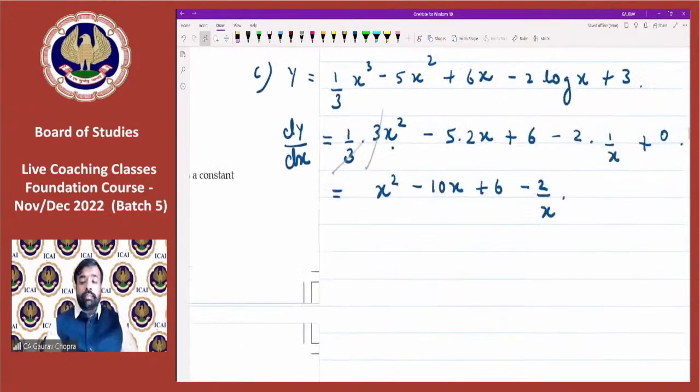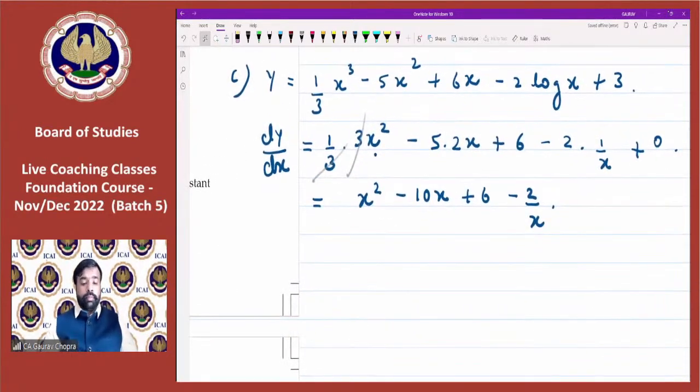See, in C portion, we have multiple formulas, many formulas we applied. So in the first portion, 1 by 3 x cube, the 1 by 3 will remain as it is. Now for x cube, we have written 3x square. The first formula which we did. Then 5x square, 5 will remain as it is, and for x square it will become 2x.